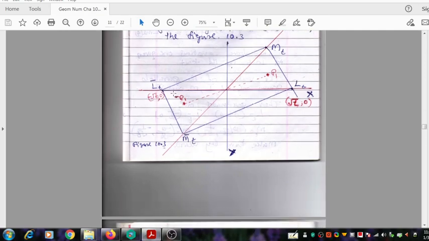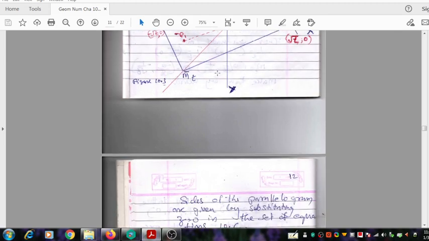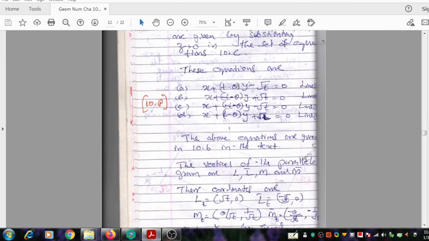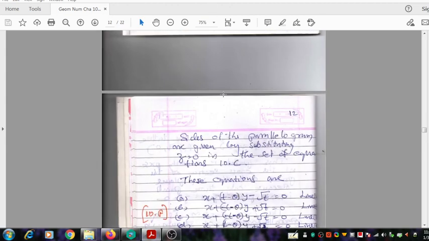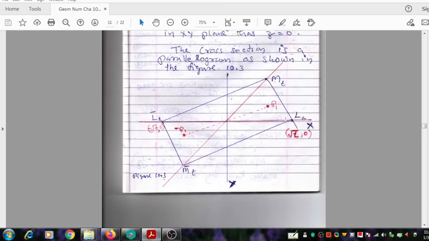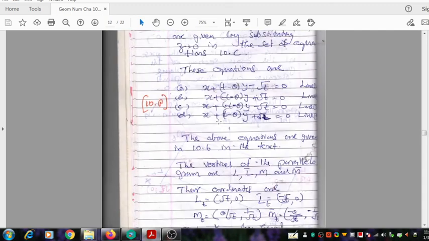In this figure here, those equations are written again. You can compare and verify whether we are getting them by substitution of z equal to 0 in the previously shown set of equations. These four equations represent the sides of the boundaries of the parallelogram.